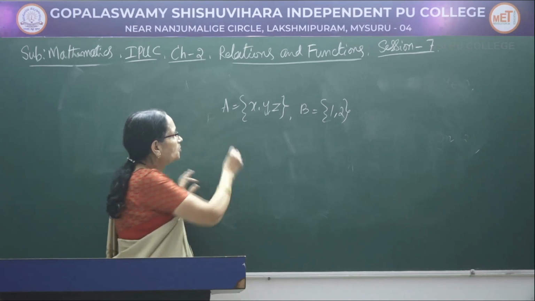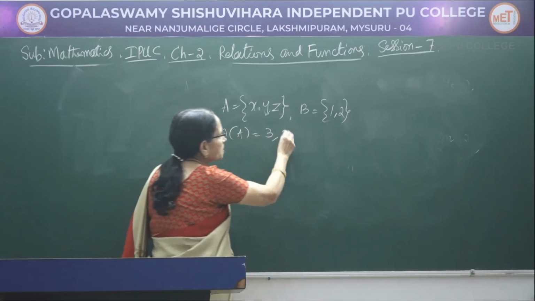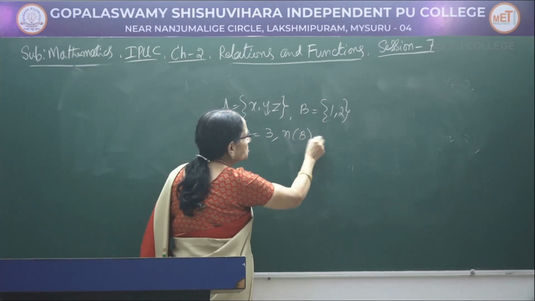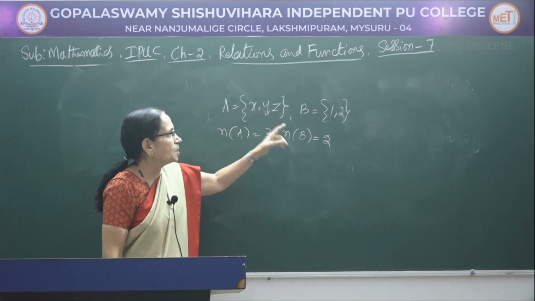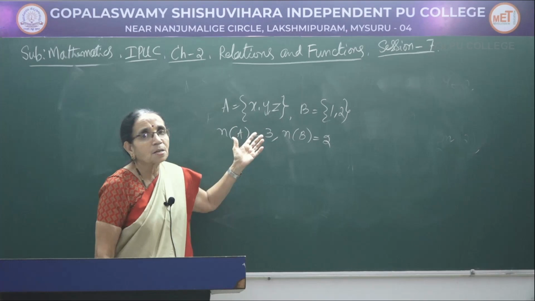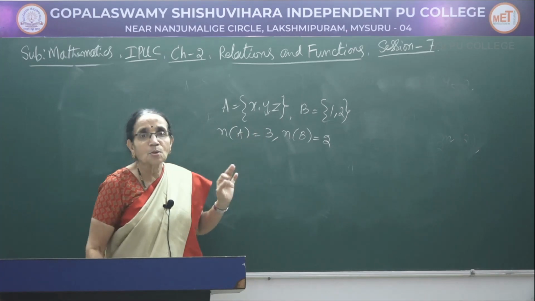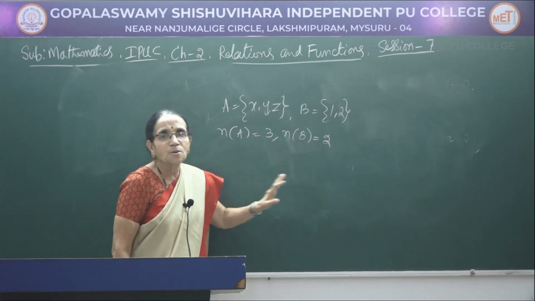Now n of A equal to 3. n of B is equal to 2. You need not take the actual elements here, x comma 1, y comma 1, z comma 1, that is the Cartesian product need not be written, because we are interested only in the number here. So n of A is equal to 3, n of B is equal to 2.